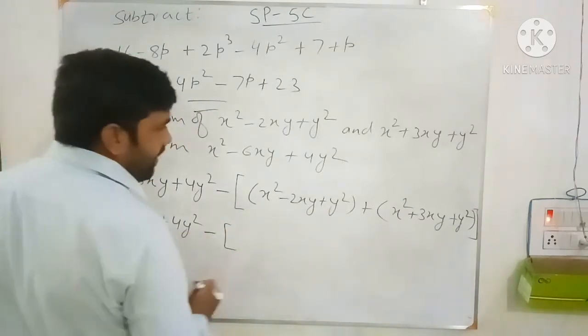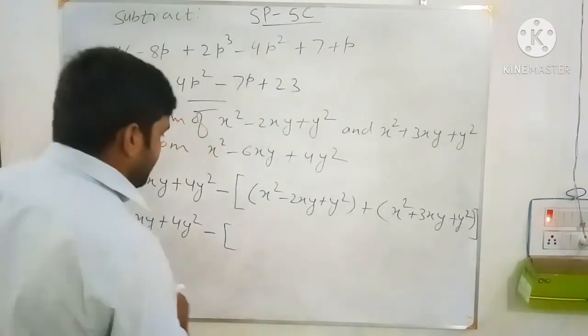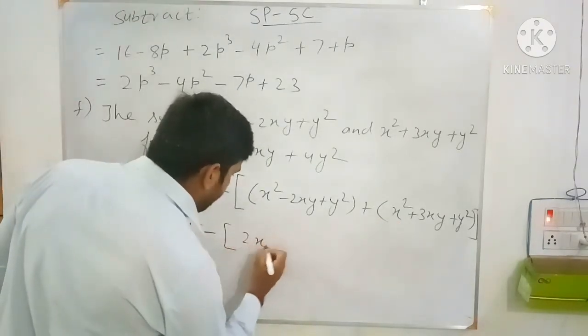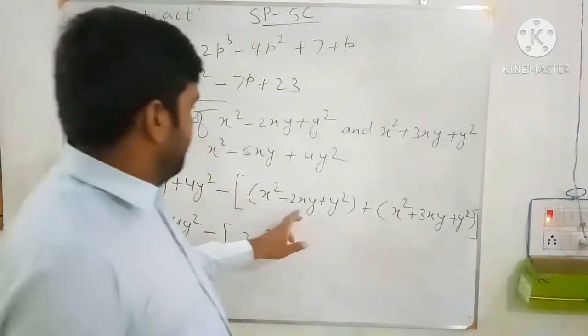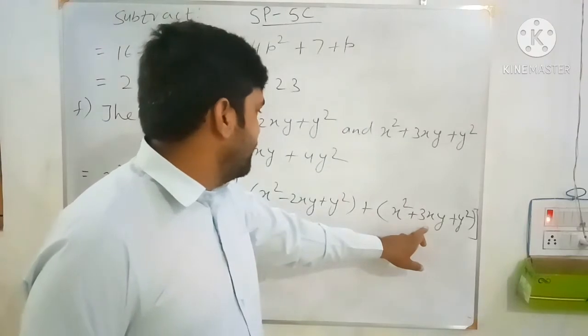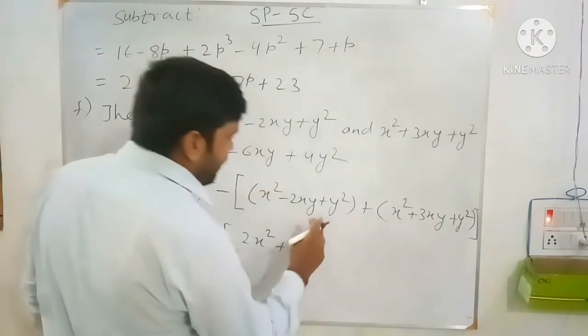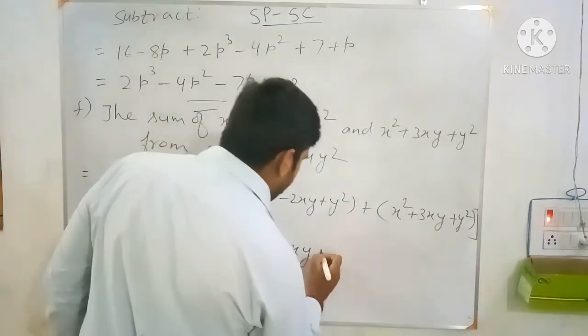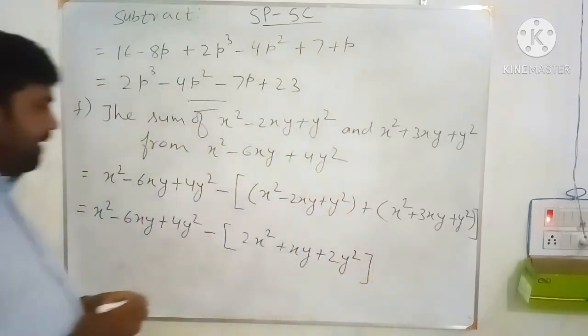So simply you can open it or simply you can add it also. Plus x square plus x square gives you 2x square. Now minus 2xy plus 3xy gives you plus xy. Now plus y square plus y square gives you plus 2y square. So this we got in the bracket.